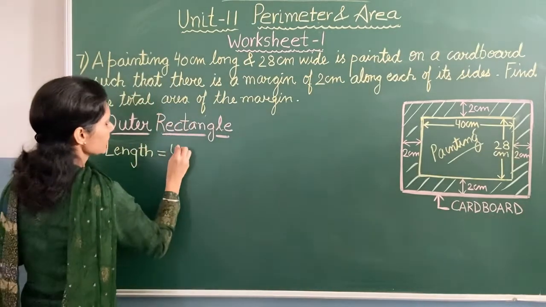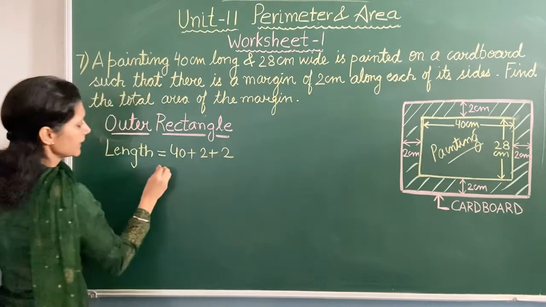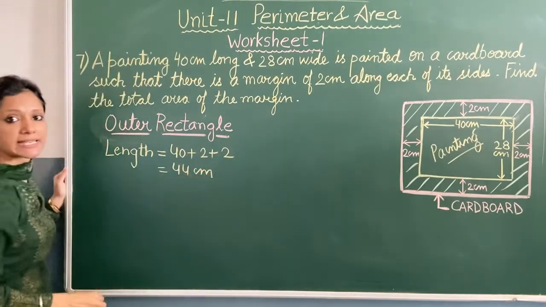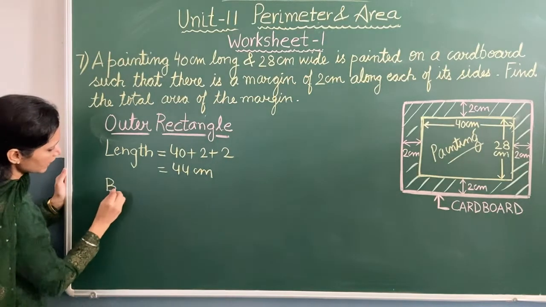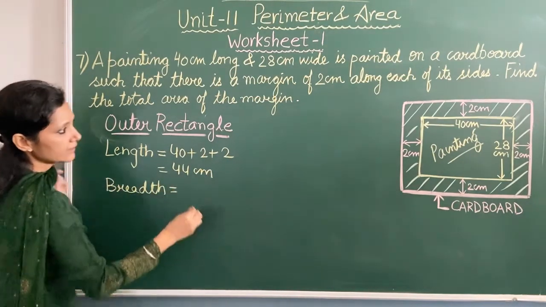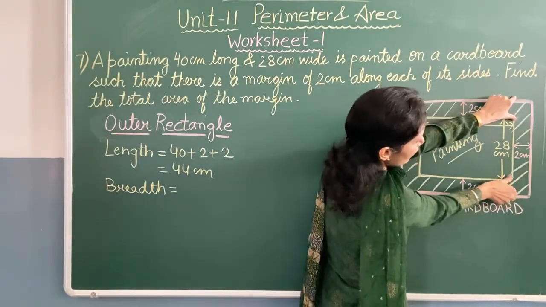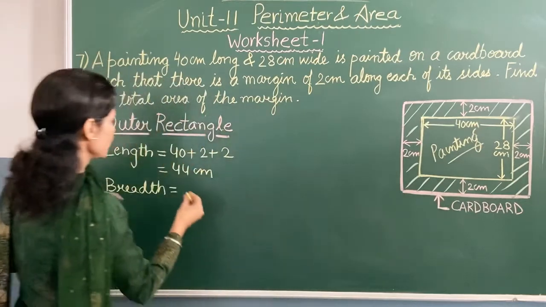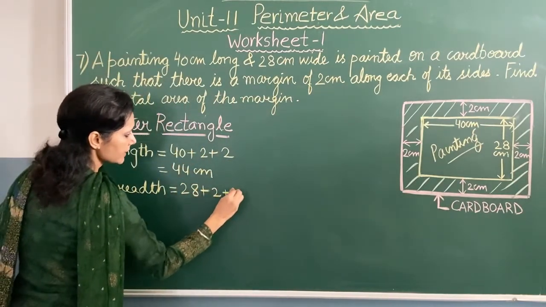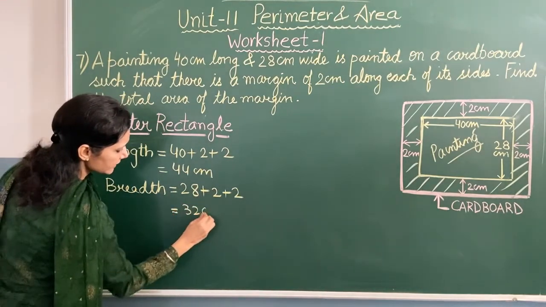So 40 centimeters plus 2 plus 2, that comes out to be 44 centimeters. Similarly, the breadth of the outer rectangle would be equal to the breadth of the inner rectangle plus 2 centimeters on both sides. So that would be equal to 28 plus 2 plus 2, that is equal to 32 centimeters.